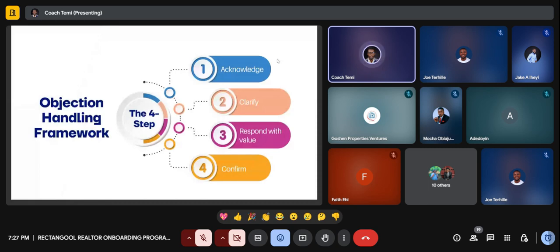Respond. Now, responding in value is where our knowledge of product, testimonials, stories comes in. So when they give us reasons why they feel it is expensive, you respond with the value attached to the product. You can say something like, okay, it is too expensive. I like using that because it's very common.